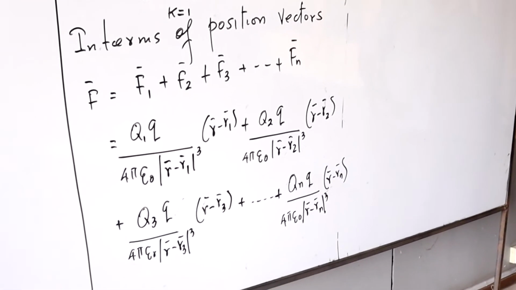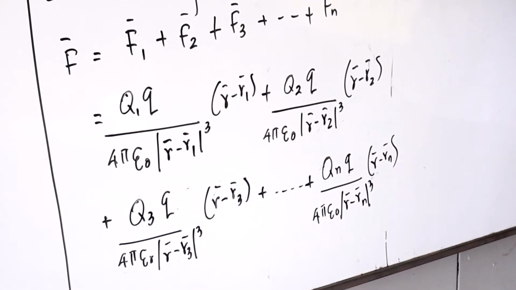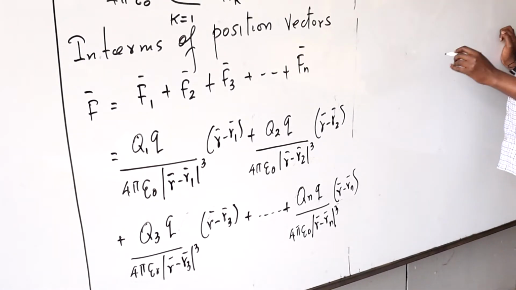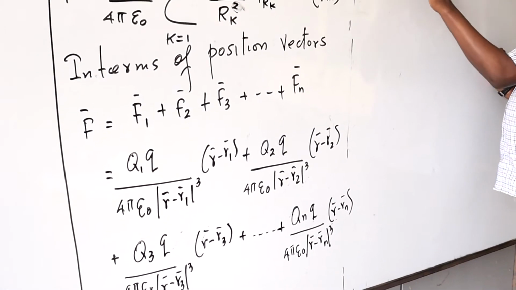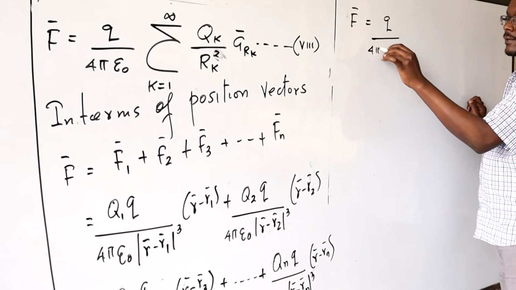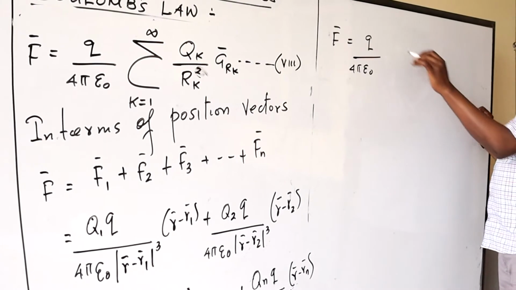And if we again factor out what is common in that expression, we are going to have F bar being the same as Q all over 4 pi epsilon naught. That is the only common term.